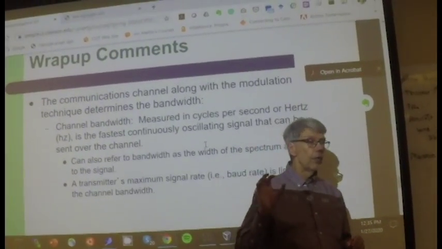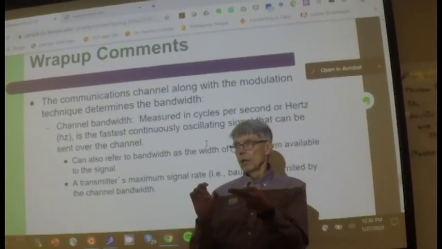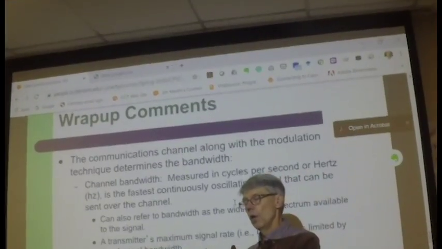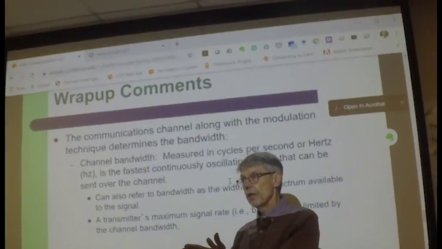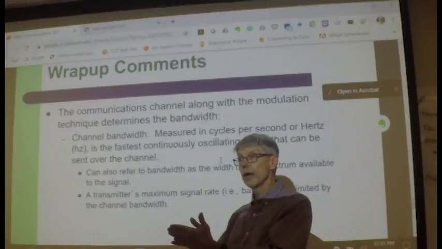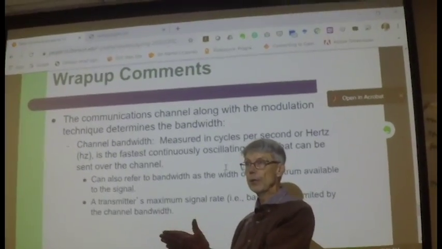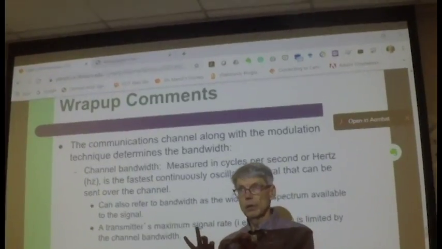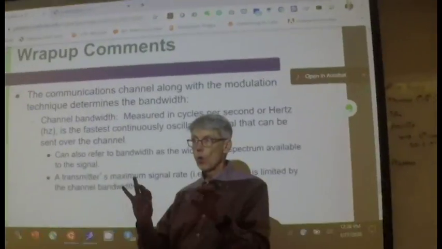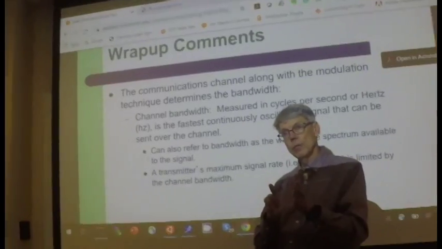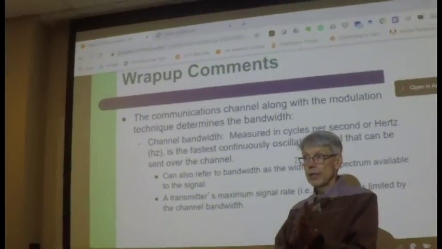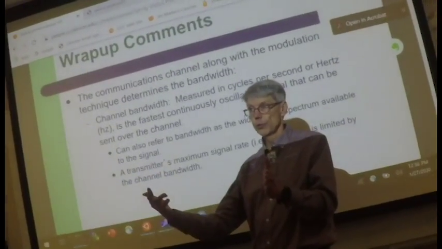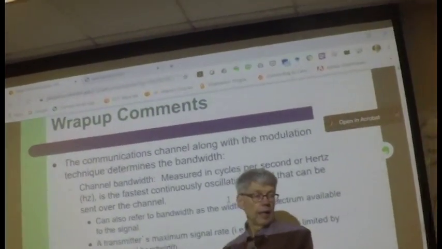And the speed, again, goes back to physics. So the bandwidth is actually defined in terms of frequency. So for Ethernet or coax cable, the bandwidth frequency is from 0 hertz to about 2 gigahertz.